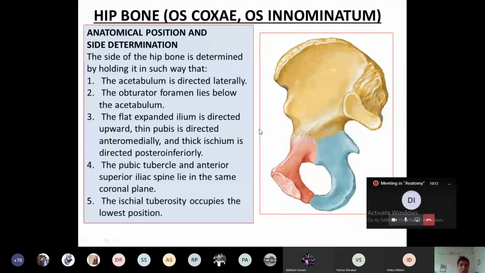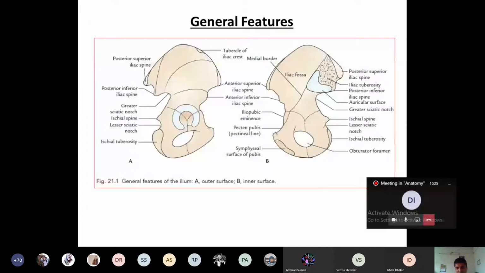After this, you have to know the general features of the bone. General features means what the bony parts in this bone are. I am explaining this one by one, and I'll take your help also to discuss in between. The hip bone consists of three parts.